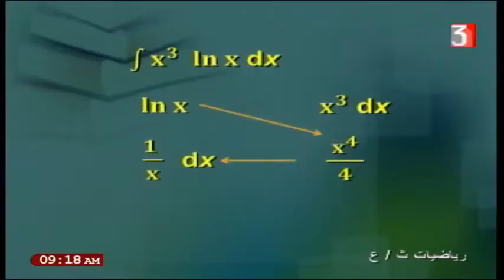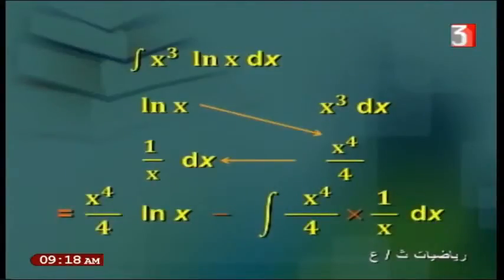The differentiation of ln x equals 1 over x dx, and the integration of x power 3 dx is x power 4 over 4. Then ln x multiply x power 4 over 4 minus integration x power 4 over 4 times 1 over x dx is the rule of integration by parts.